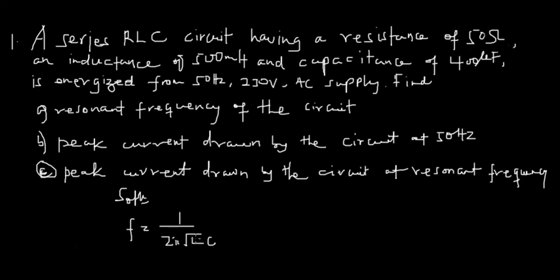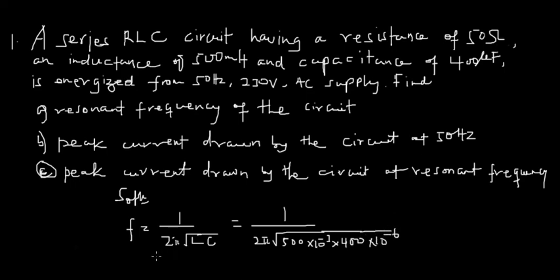So we have 2 pi times the root of the inductance, which is 500 times 10 exponent minus 3, multiplied by the capacitance of 400 times 10 exponent minus 6.